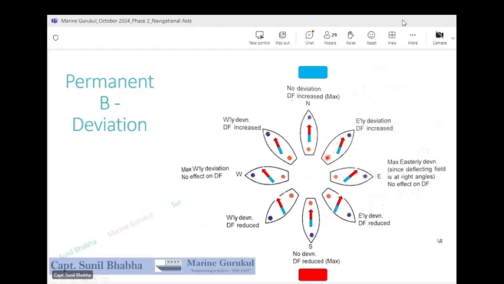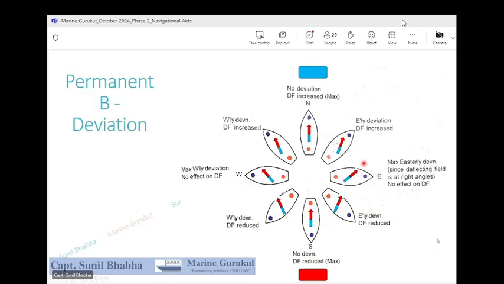The same thing happens with the red pole. The red pole of the ship's permanent magnetism has gone to southwest of the compass, and it attracts the blue end of the compass towards it, giving the compass an easterly deviation. So you can see now on a northeasterly heading, an easterly deviation is generated.